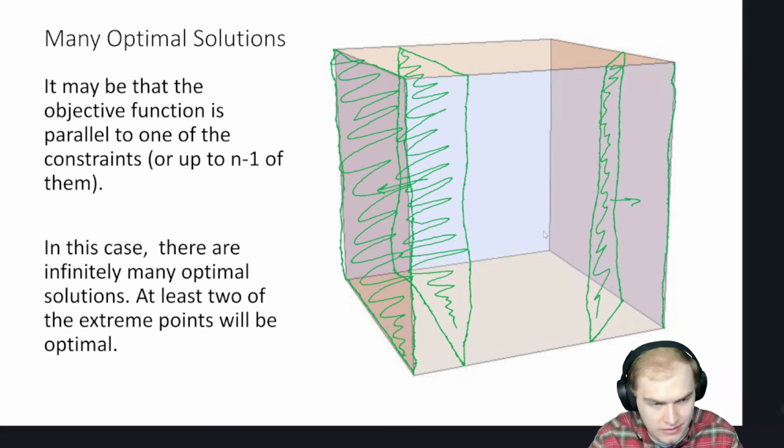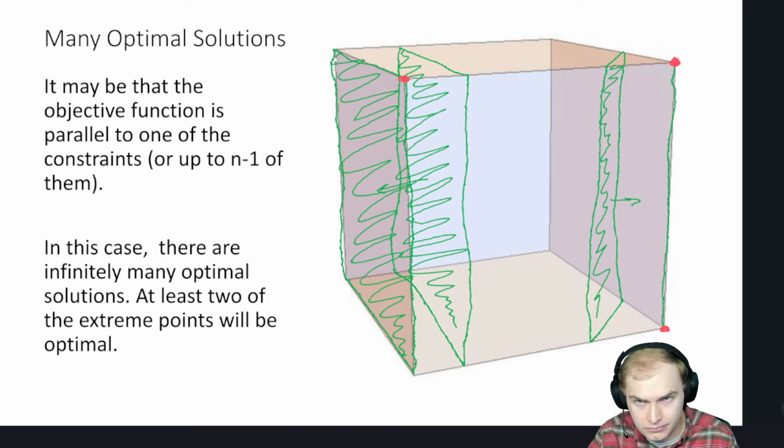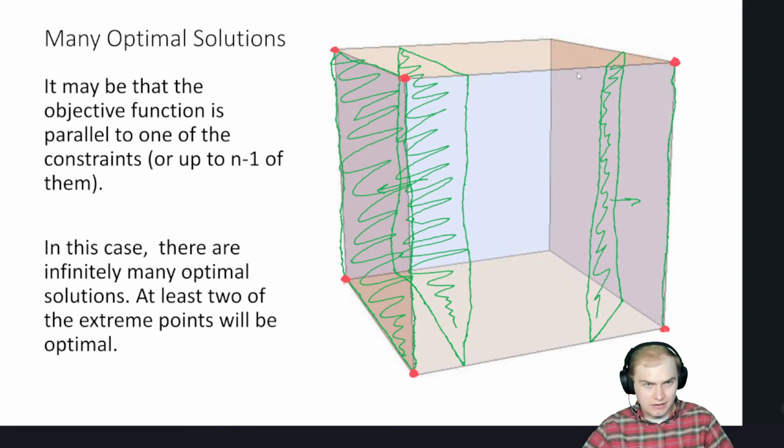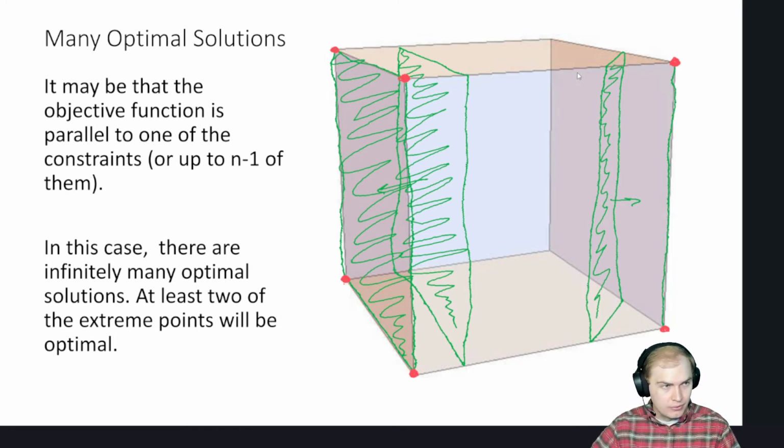Now, in all of these cases, we still have extreme points, which are optimal, which is important to us because the method that we're going to use to solve these problems is going to intelligently search through these extreme points of our feasible region and ignore all of the edges and face points, or interior points, as they're called.